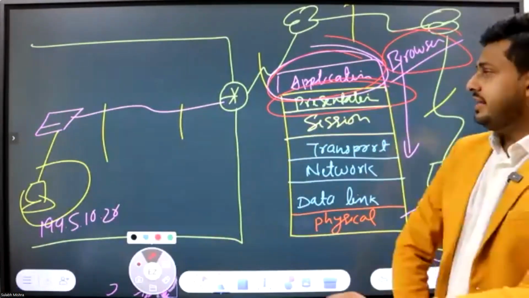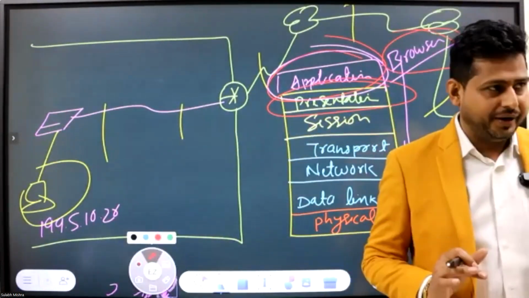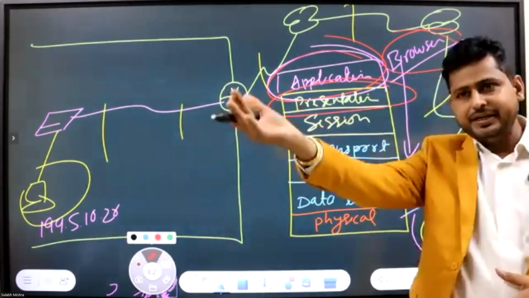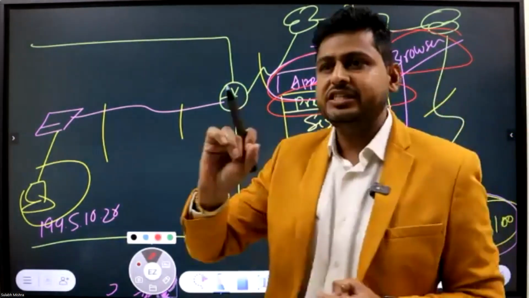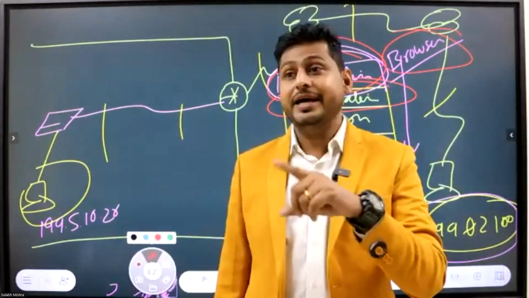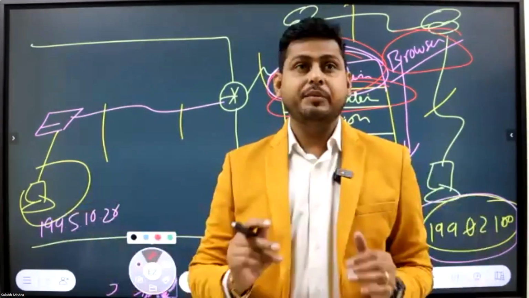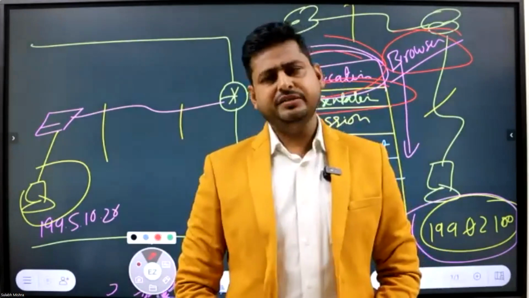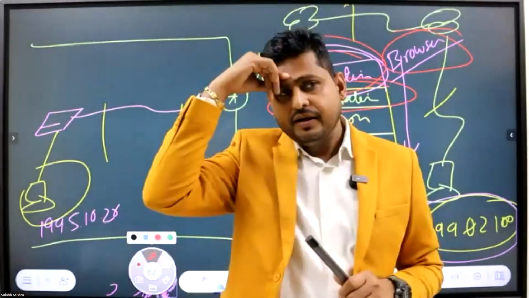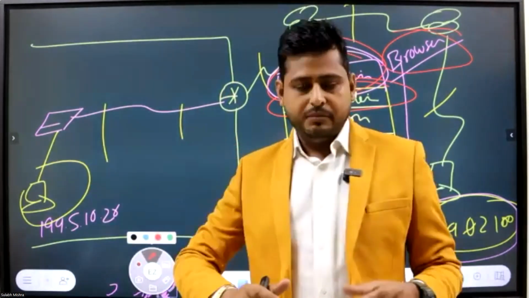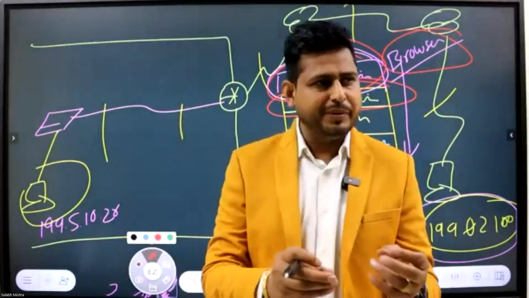In the presentation layer, encryption and decryption happen. For example, if you are using HTTPS, Hypertext Transfer Protocol Secure, it will encrypt the data. That's the reason it is recommended to use HTTPS, not HTTP, for the communication from source to destination. For example, I'm accessing a website and I fill in my phone number, date of birth, debit card and credit card information.